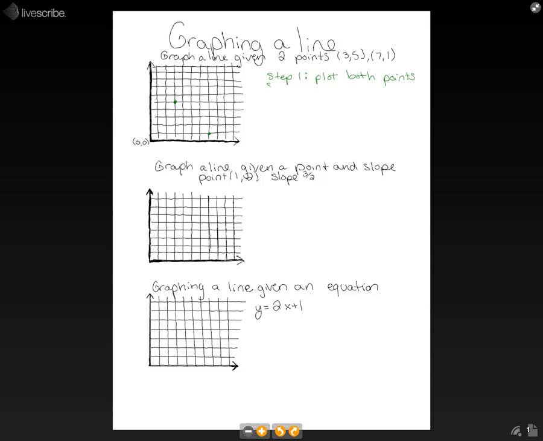Now that we have them plotted, step 2 says we want to draw a straight line that crosses both points.